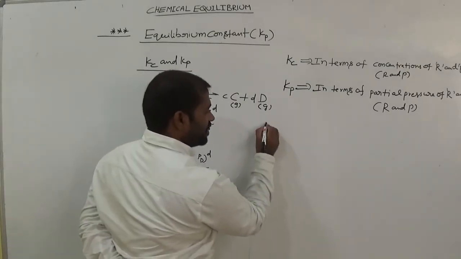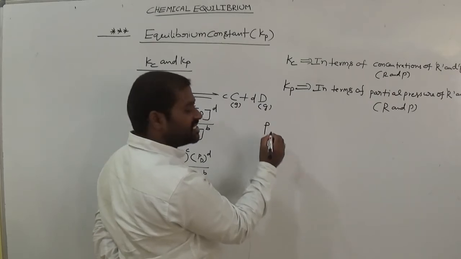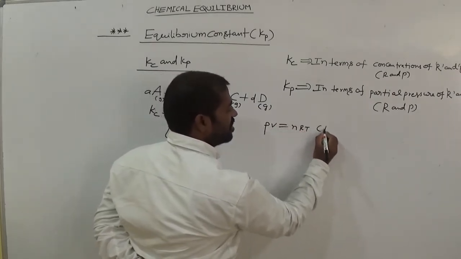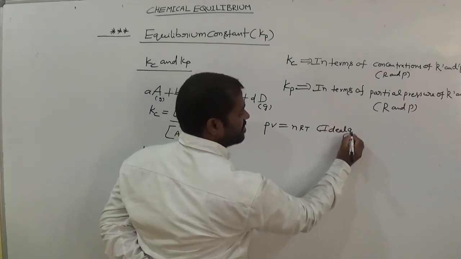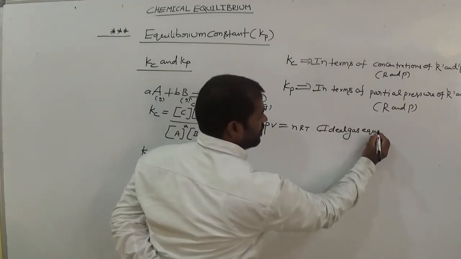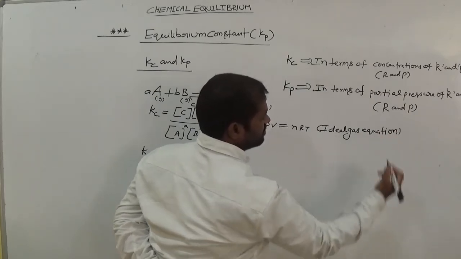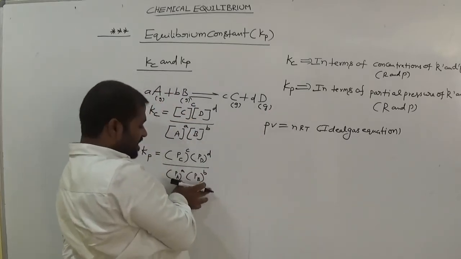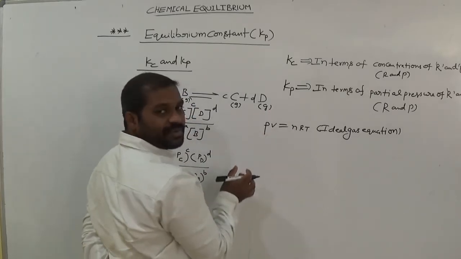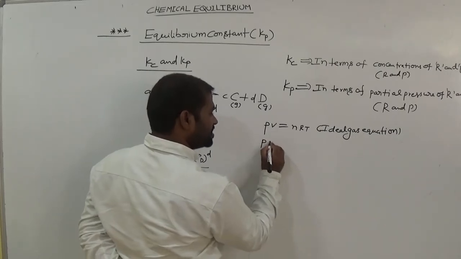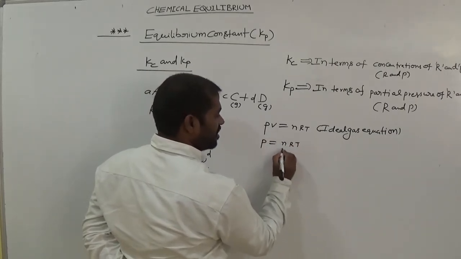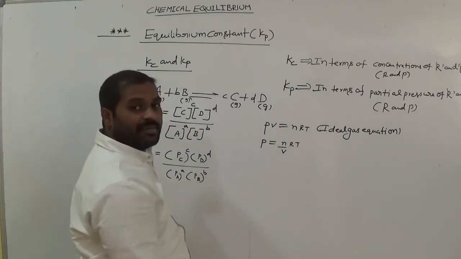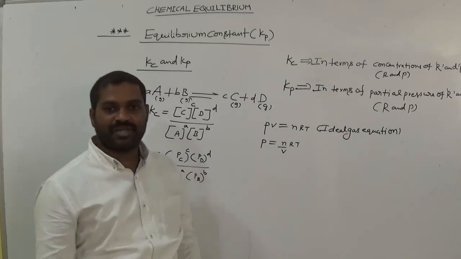You know very well the ideal gas equation. According to the ideal gas equation, PV equals nRT. From this, where P is the partial pressure of the gas, P equals nRT by V. Here V is the volume of the gas, n is the number of moles of the gas, and P is the partial pressure of the gas.